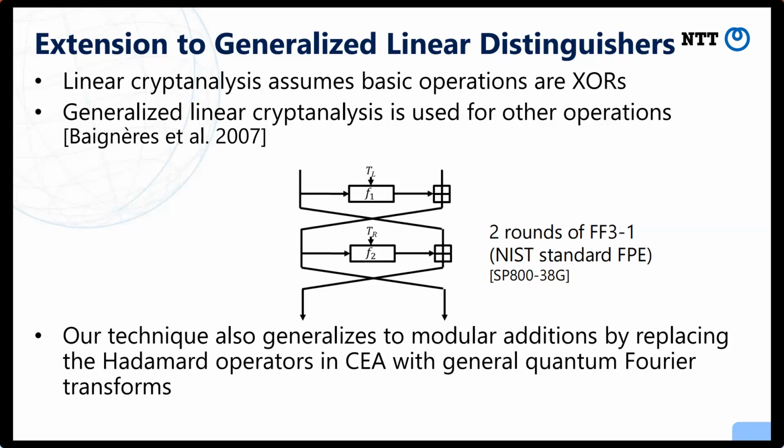But in some ciphers, like the NIST standard FPE FF3, such XORs are replaced with another operation like modular addition. And in such a case, we have to use the generalized linear cryptanalysis technique instead. And our quantum technique, CEA, can also be used for such a generalized technique by replacing the Hadamard operation in our quantum algorithm with the general quantum Fourier transform.